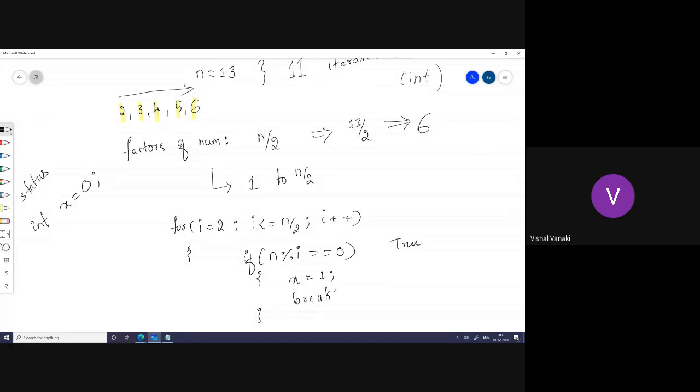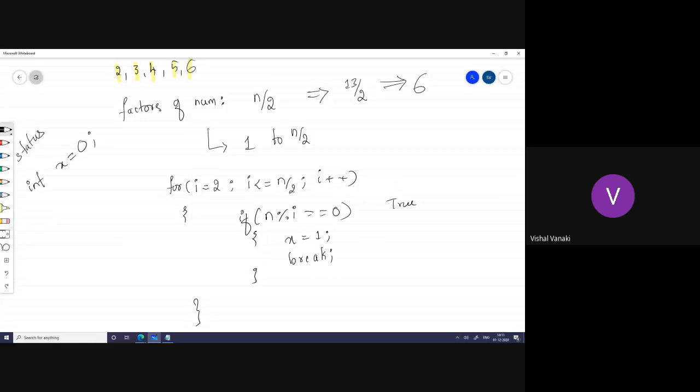What this tells us is, if 13 is divisible by any one number, let us assume it is divisible by 2, then there is no need to check 3, 4, 5 and 6. So stop there and come out. Once I come out of the loop, I should know whether the condition n mod i equal to 0 was executed or not. For that I use x equal to 1 as a status.